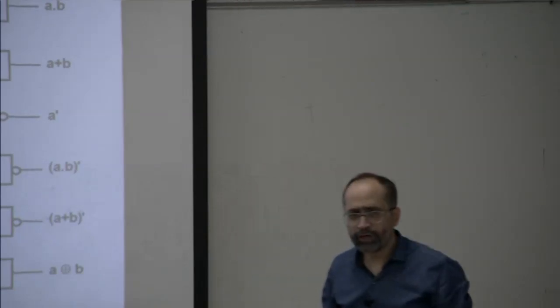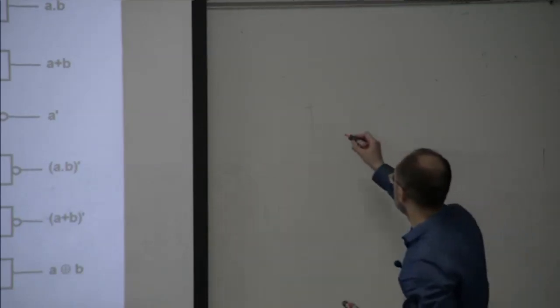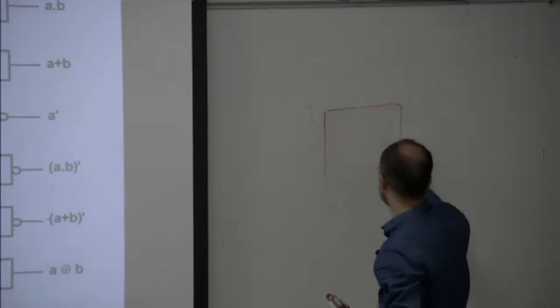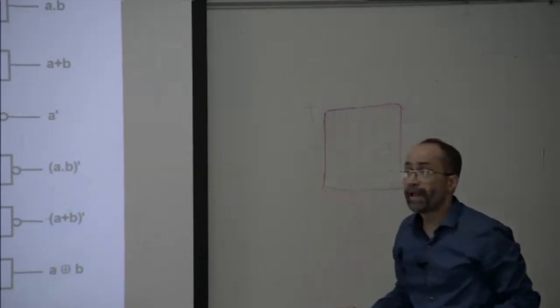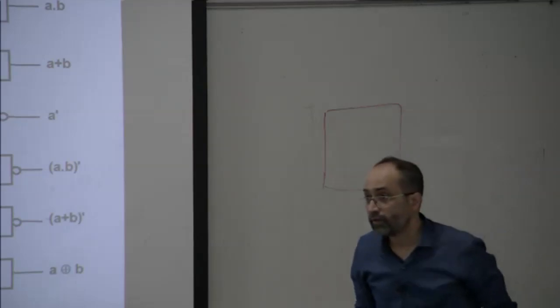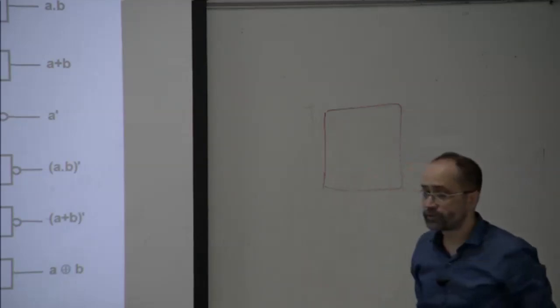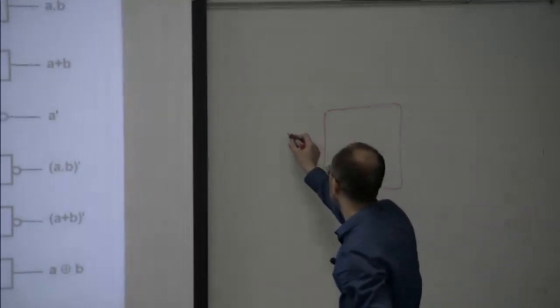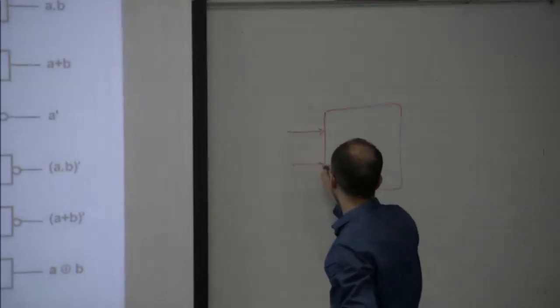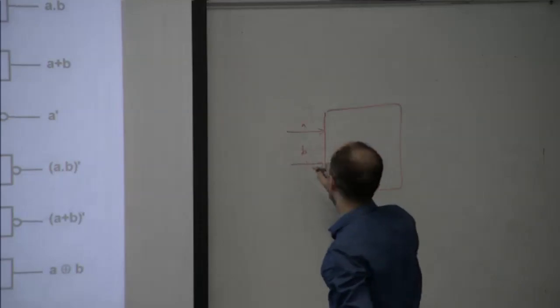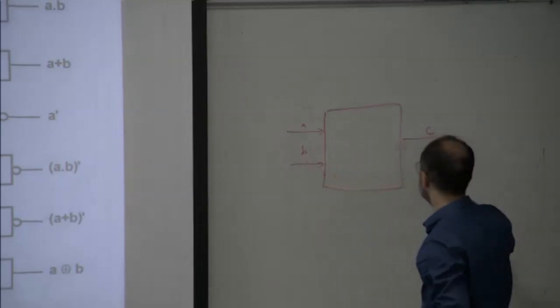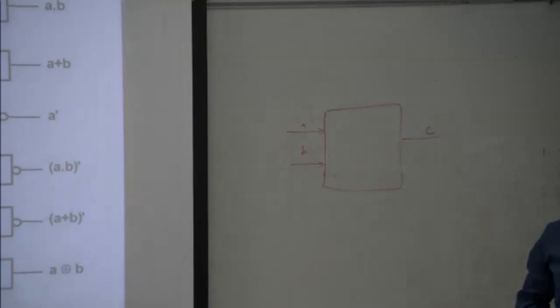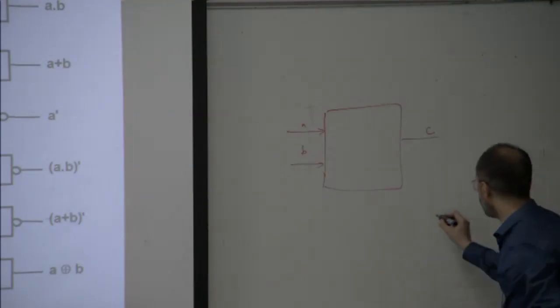Okay. Now, if you look at any kind of gate, in any digital system design, we have a black box, and we have some inputs and some output. If you look at the first function, the input is A and B, and let's assume that the output is C. So now this is a function. Can we write it like this?